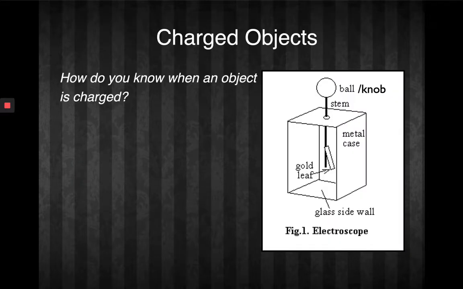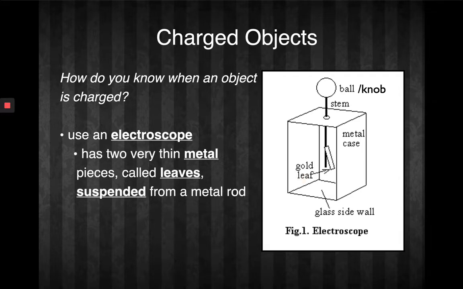Right, so how do you know when an object is charged? So we have these little objects here on the side called an electroscope. And this has two very thin metal pieces at the bottom called leaves, and they suspend from a metal rod.